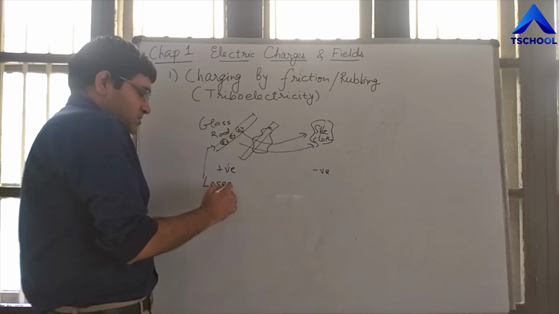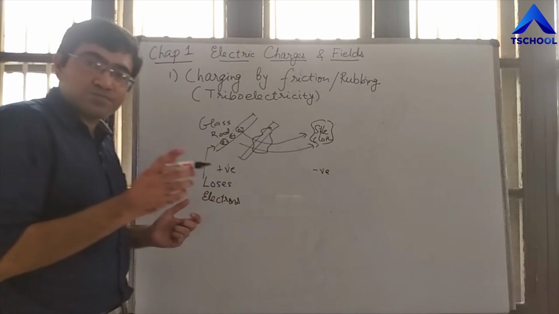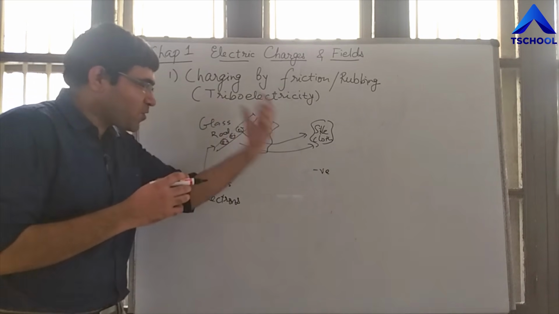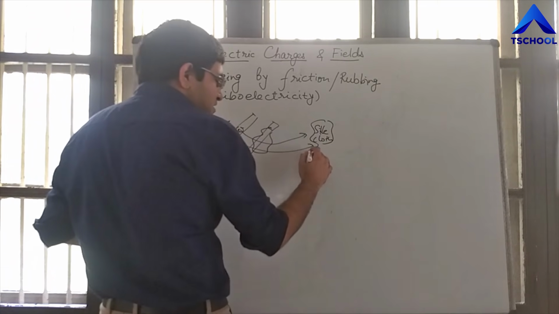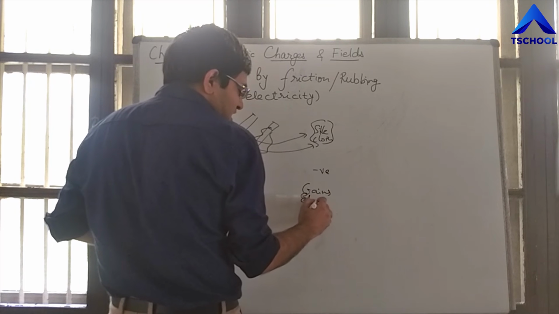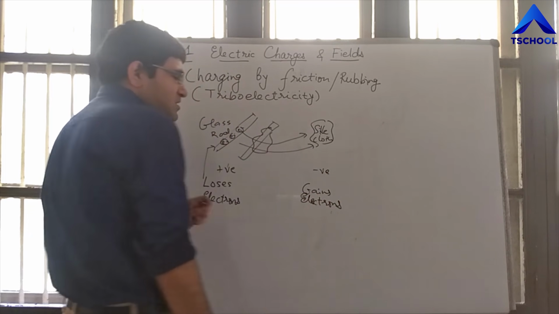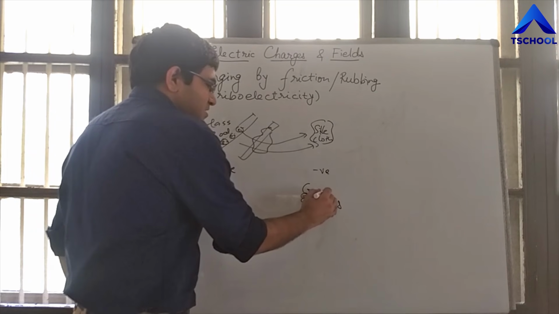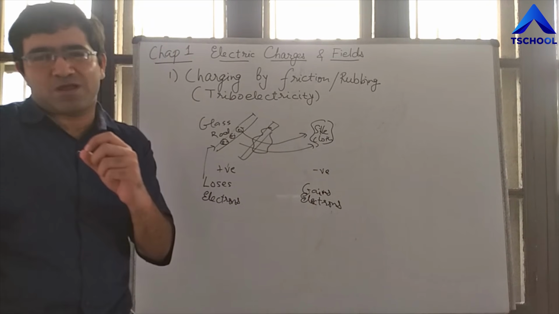This glass rod loses electrons, not all of them. Remember that not all electrons go away, that would be disastrous. Some electrons go away, and this one gains those electrons. The object that gains electrons from the other one will become negative. This is pretty much the same as what you have studied in chemistry.